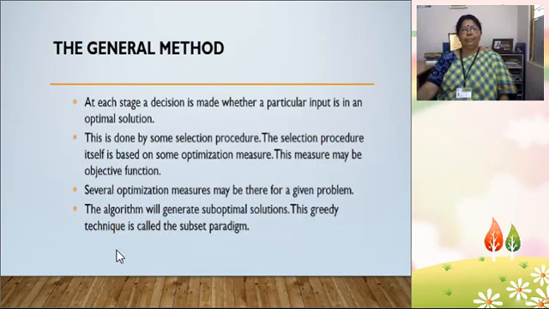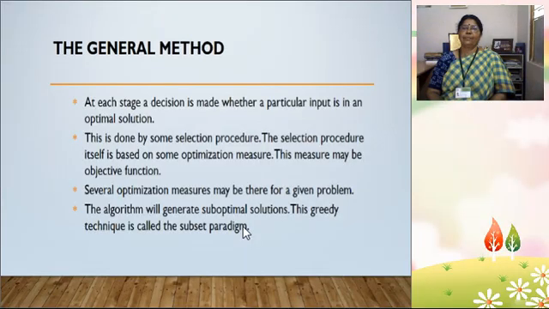This greedy technique is called a subset paradigm because, given n inputs, we are finding a subset that satisfies the given constraints and optimizes the given objective function. In the greedy method, there are two types of paradigms: subset paradigm and ordering paradigm. In a subset paradigm, we are given n inputs and the solution will be a subset of the n inputs.